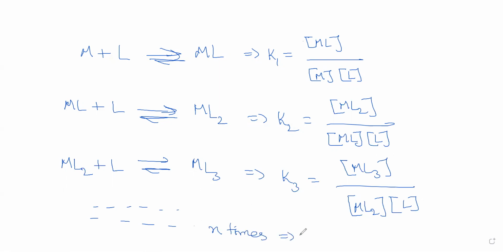If you do it n times, then what you get is MLn. If you repeat the same process, what I get is MLn. Now what I want is, what is the product of K1 into K2 into K3? Let us check that. So I'll write the product.